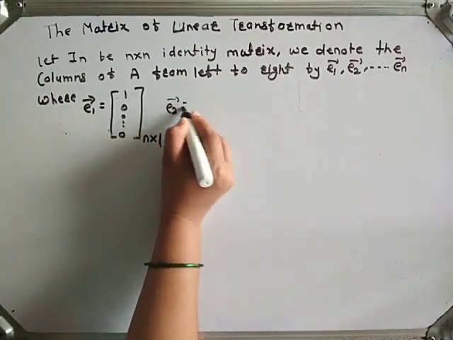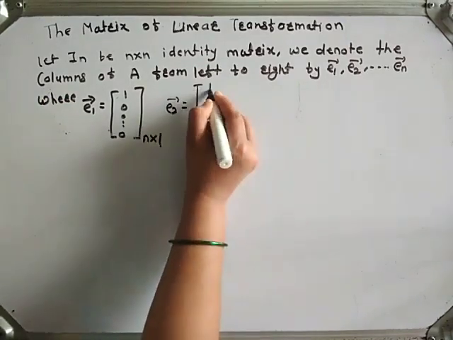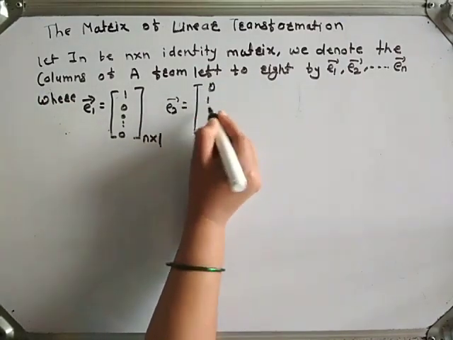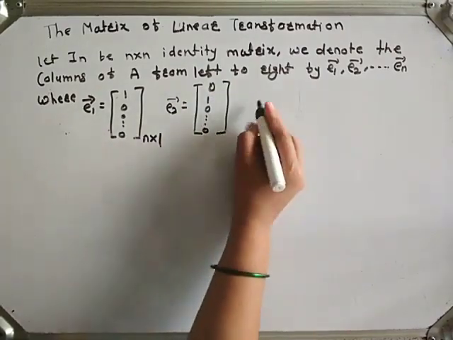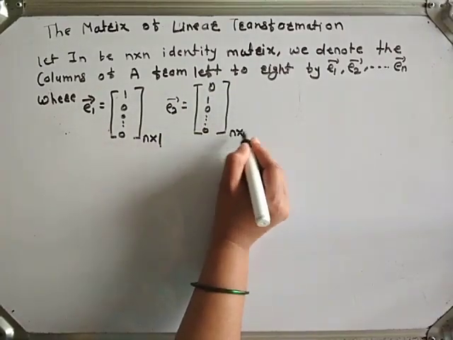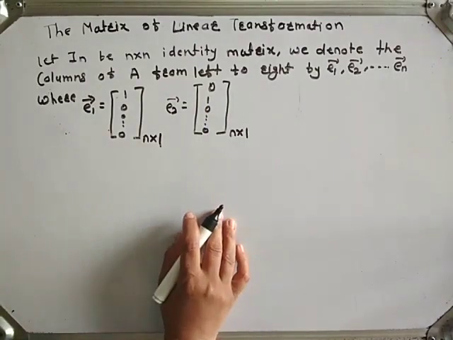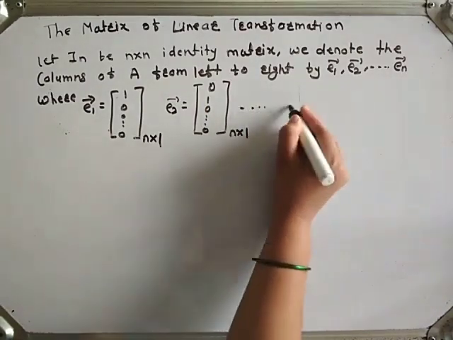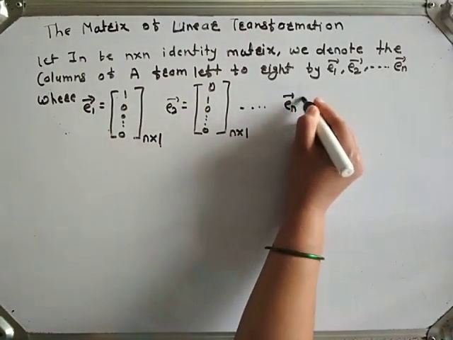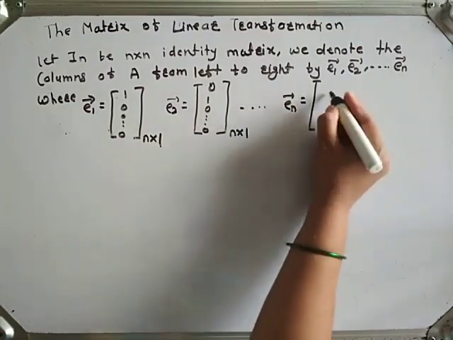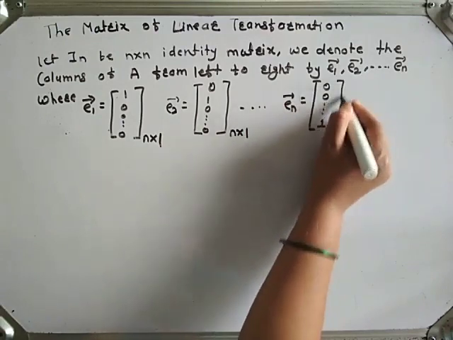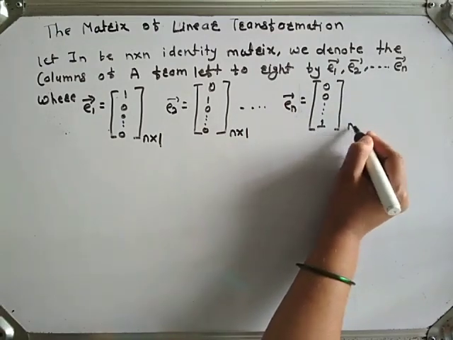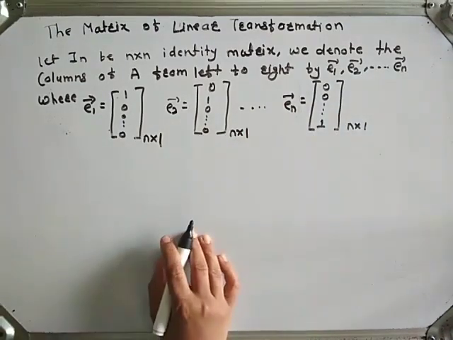E2 bar is equal to the matrix 0 1 0 and so on up to 0. Dimension of this matrix is also n by 1, and so on up to En bar is equal to the matrix 0 0 and so on up to 1. Dimension of this matrix is n by 1.